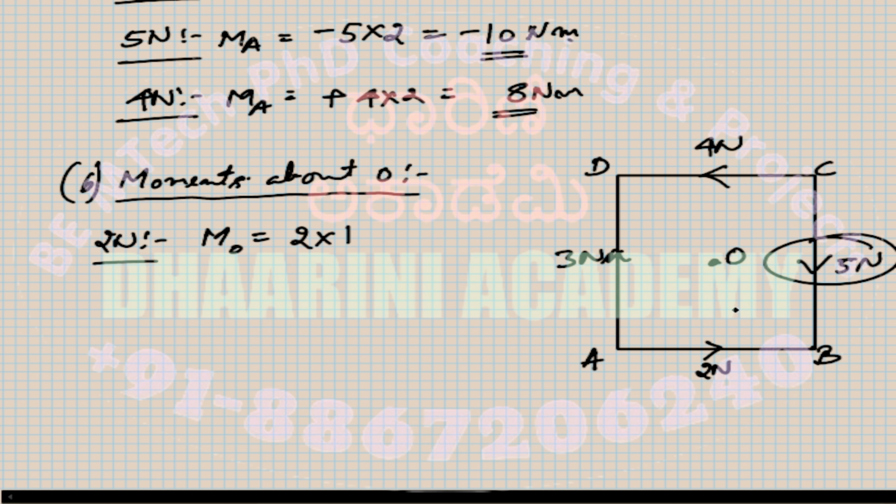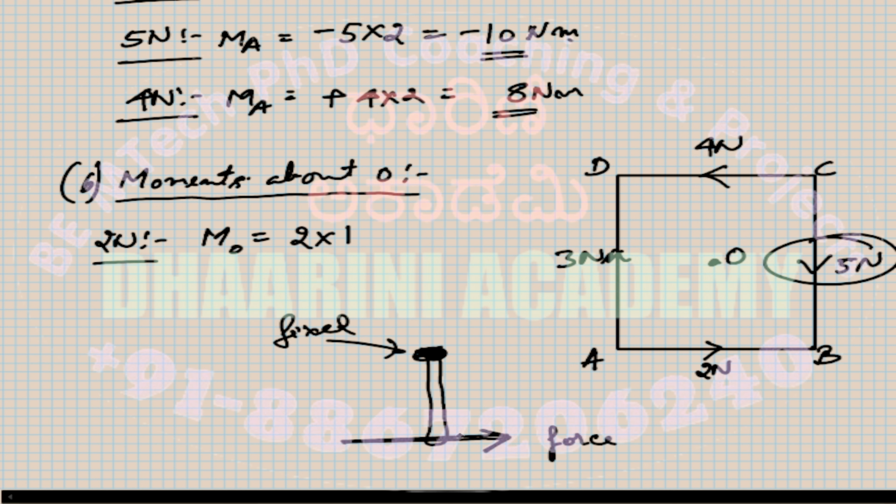Okay, now I need to identify the direction. If O is this point and you apply the force like this, think that along the shortest distance you are holding a pen. Wherever you are considering, there is a fixed point. So this point is fixed now, and this is the force.